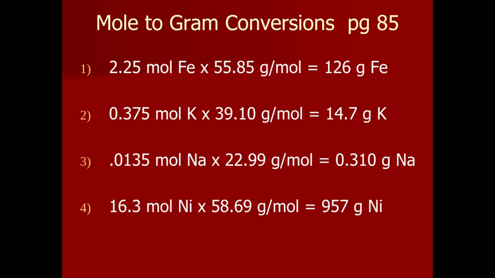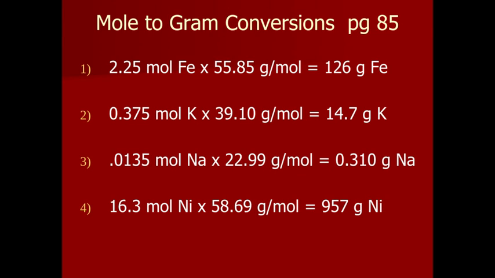On to number 3, I have 0.0135 moles of sodium. I find sodium on the periodic table. It is 22.99 grams per mole. The moles have to cross out, so I know I'm multiplying. So 0.0135 times 22.99 gives me 0.310 grams of sodium.